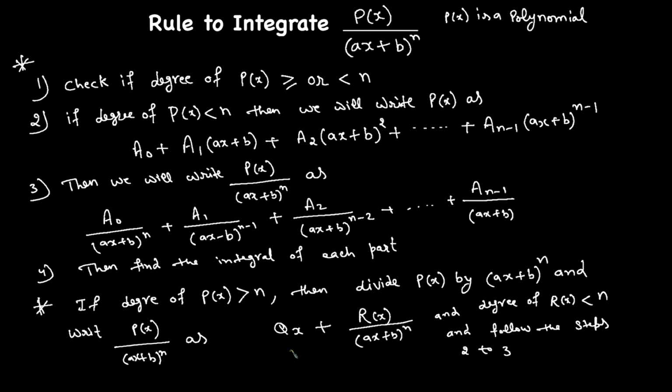That will look like this, like our quotient, the remainder, and the divisor. And then afterward for the second part we're gonna use the same steps 2, 3, and 4. Okay, let's do a couple of examples, and I'm gonna flip in between the rules and the examples so that you guys know what we are doing.